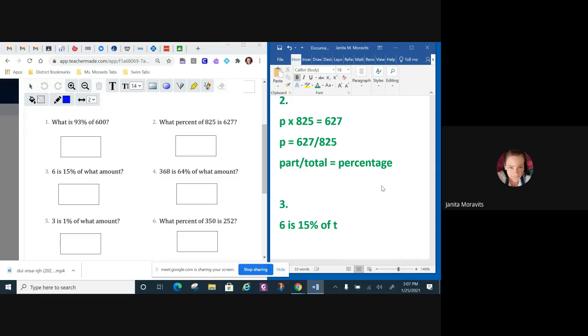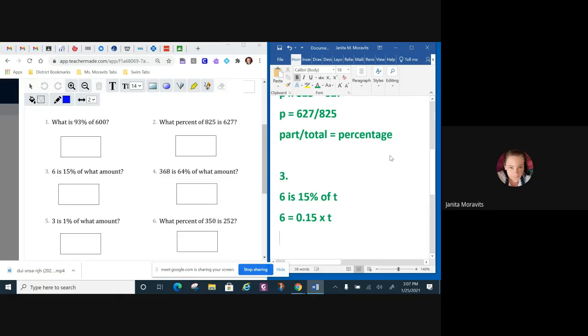So we have 6 equals 0.15 times T. Again, we're going to be doing some dividing because we need to get rid of that 0.15. So we're going to get 6 divided by 0.15 equals T, or our total.